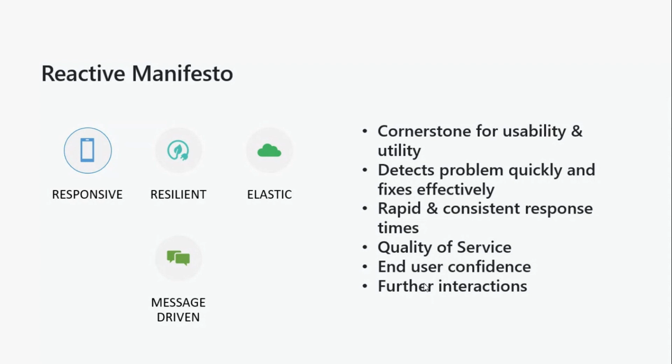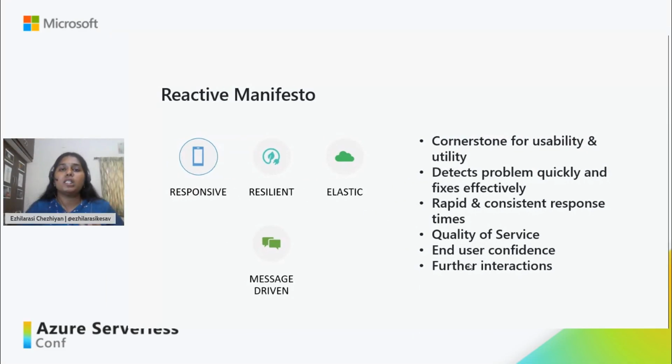Responsive systems should focus on providing rapid and consistent response times, establishing reliable upper bounds so they deliver a consistent quality of service. This consistent behavior in turn simplifies error handling, builds end-user confidence, and encourages further interactions.